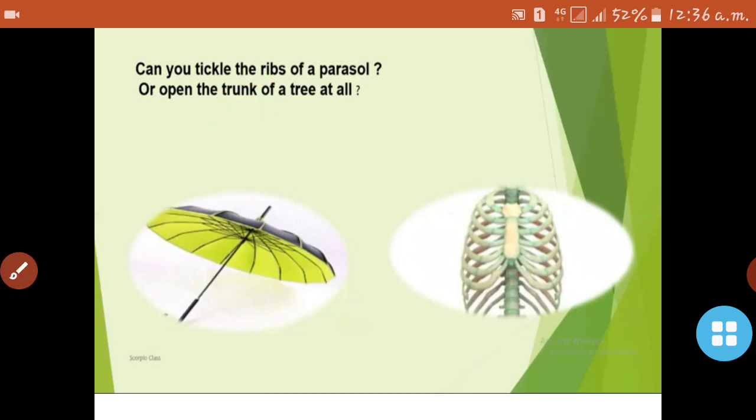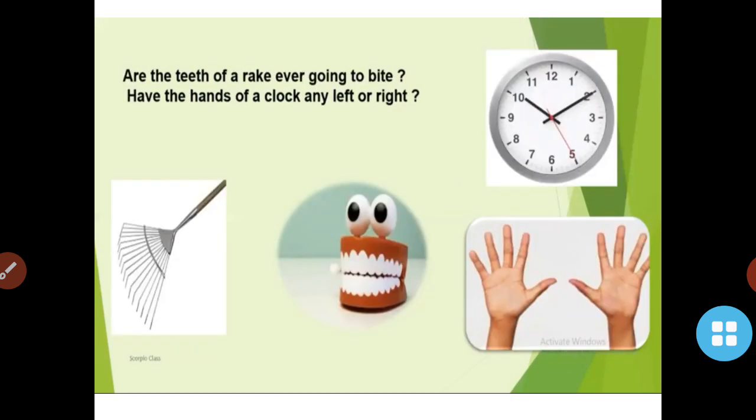So here the poem writer is saying, can you open the thick part of a tree? The thick part means the tree's base, on which the tree is standing. Can you imagine that you are opening a tree's trunk by your hand? It is impossible. Again the poem writer is making fun.